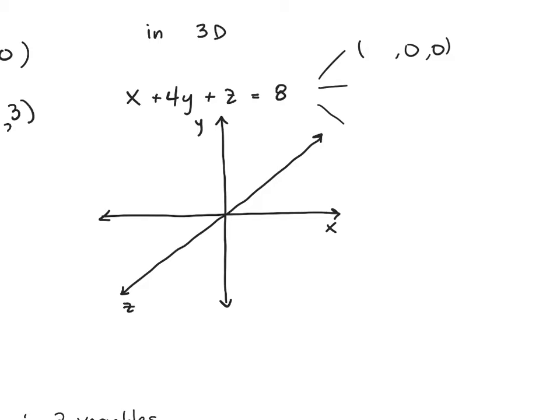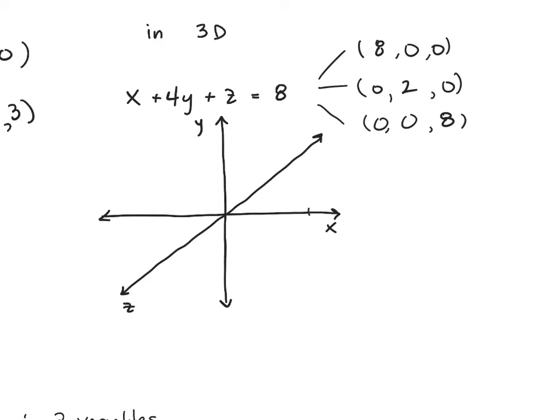So the x-intercept would be 8. To find the y-intercept, we let x and z equal 0. So the y-intercept here would be 2. And then to find the z-intercept, we would let x and y equal 0. So then the z-intercept would be 8.